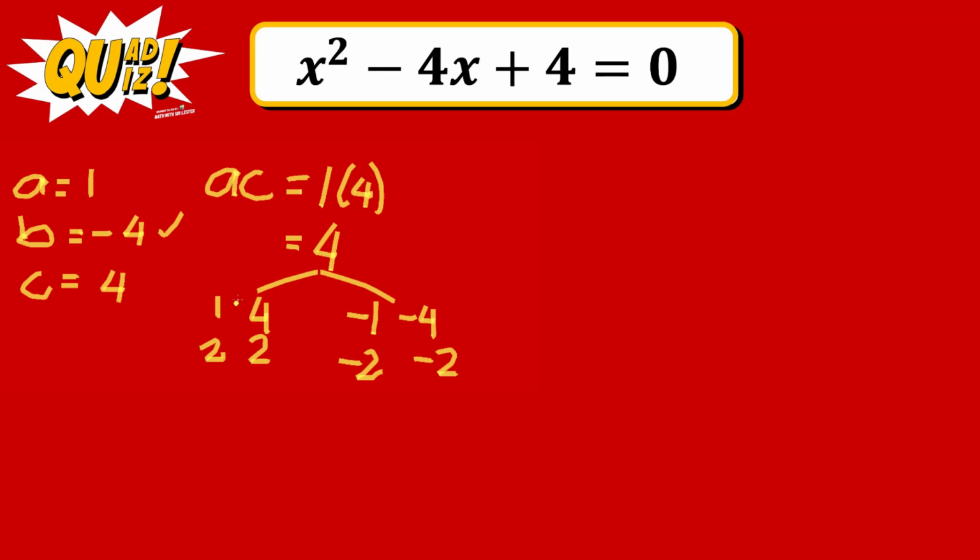But which of these pairs, when added, will result to our B coefficient of our quadratic trinomial, which is -4? You only have one, and that is here. We have -2 and -2, because -2 times -2 is +4, that's your AC. -2 plus -2 is -4, that's your B.